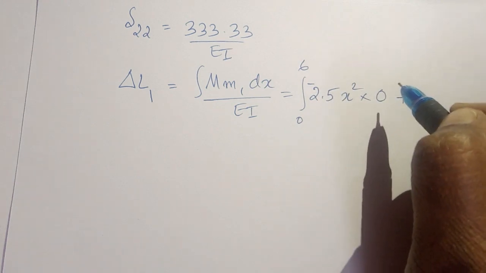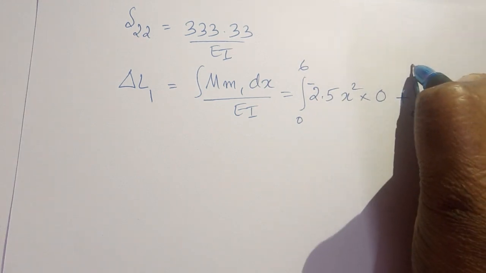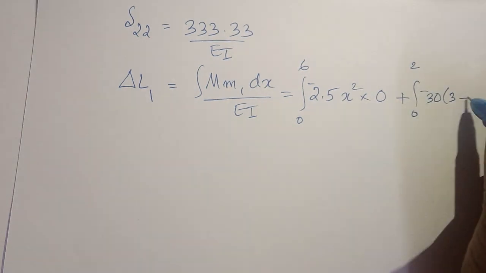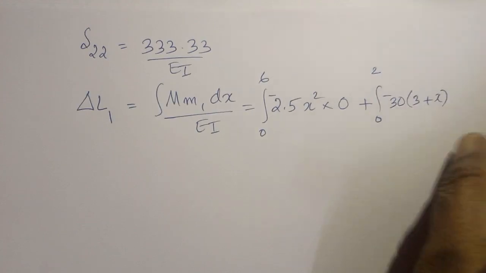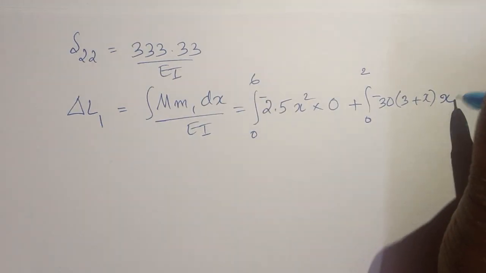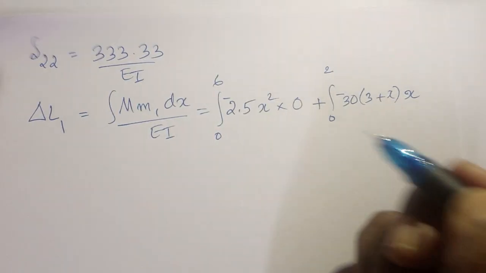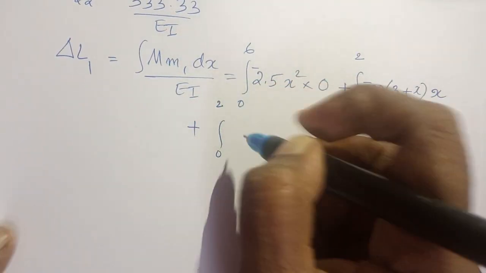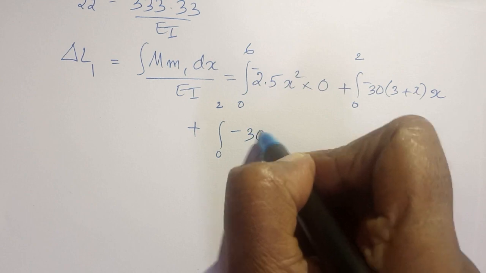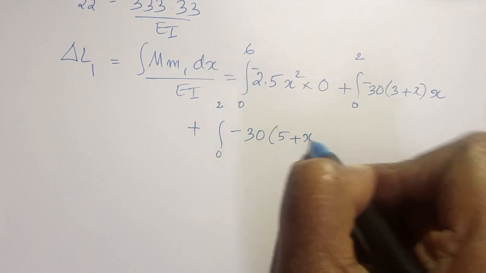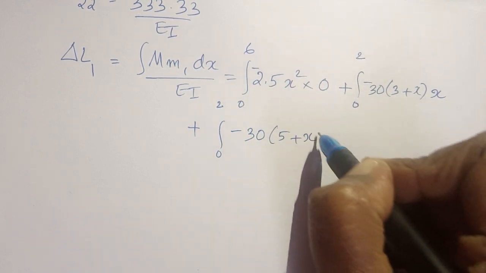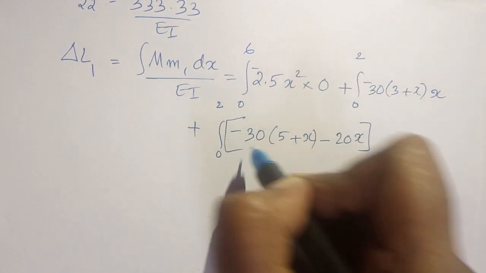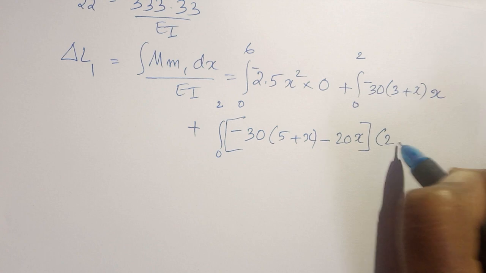Next is 0 to 2, minus 30 into 3 plus x into x, plus 0 to 2, minus 30 into 5 plus x, minus 20x into 2 plus x.